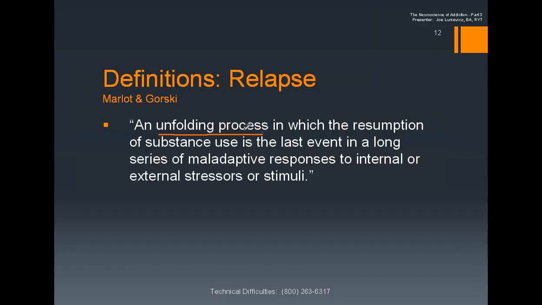So unfolding process. Use is the last event, so that's what we tend to see. It's the last event in the process. A long series of maladaptive responses. The substance use is a maladaptive response. Whatever the original need for using was, the drug probably did its job. You wanted to feel better, you felt better.